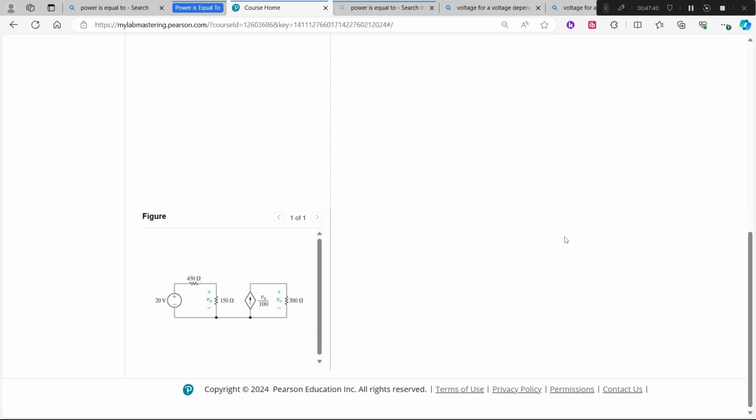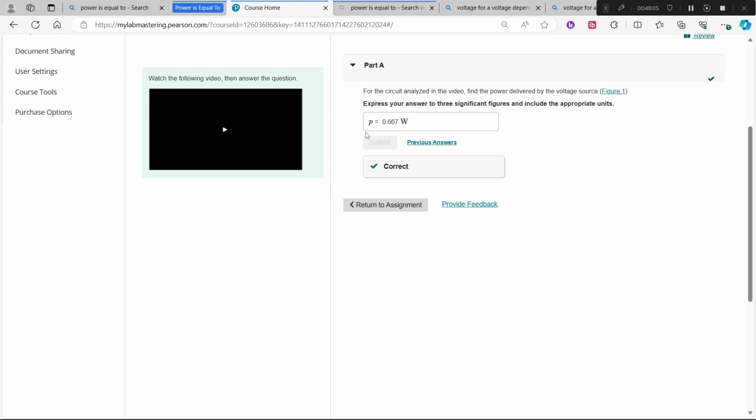So it'd be like 600 I is equal, so 20 divided by 600 gives you 0.0333 repeating amps, times this number, is 0.666 watts. You can round that to 0.667.